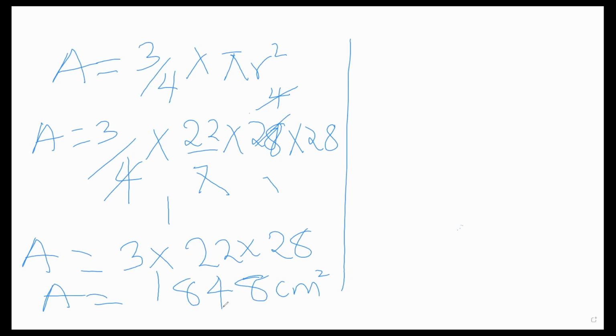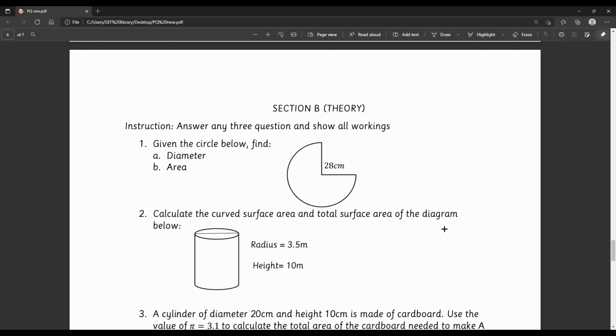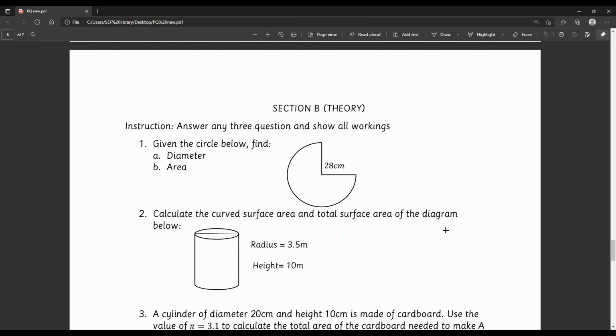So we move down to question 2, and in question 2, we are told to find the curved surface area and the total surface area of the diagram below. And so we are going to solve the question by using the total surface area of a cylinder when both ends are closed, because in the question it is not indicated that the cylinder is open at one end.